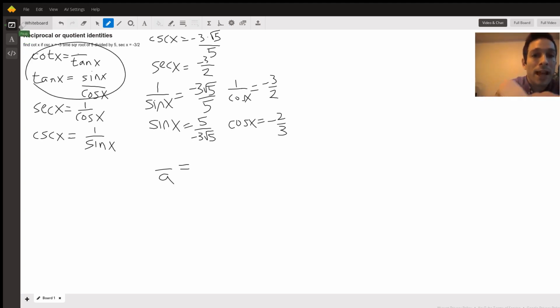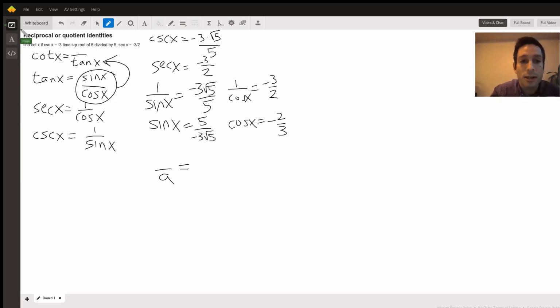And we're going to do the same thing for this guy over here. Now, I'm running out of time. If we're going to take sine over cosine and put it in for tangent, the cotangent is literally equal to 1 over sine of x divided by cosine of x.